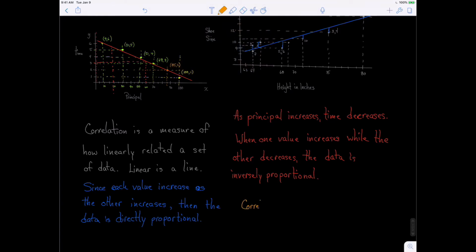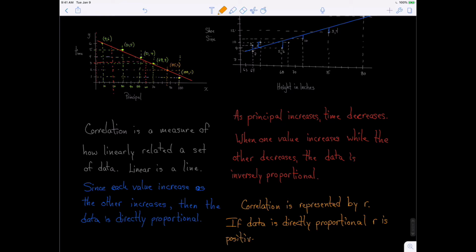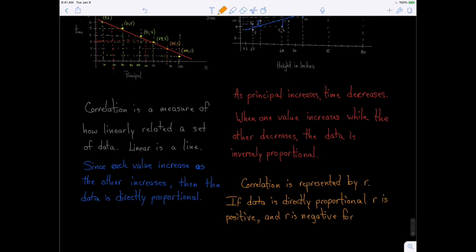So the measured correlation is represented by R. And if data is directly proportional, R is positive, and R is negative for inversely proportional data.